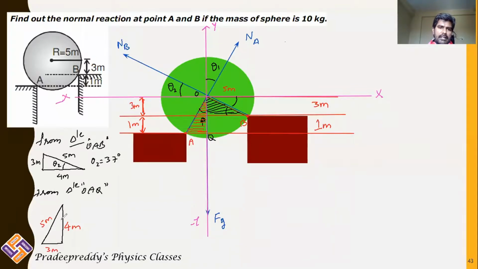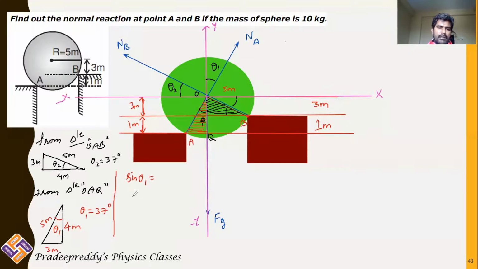And this is angle theta 1. So theta 1, this is 3 meter. Theta 1 is also equal to 37 degrees. So therefore, I can now simply write sine theta 1 is equal to, what is sine theta 1? 3 by 5.